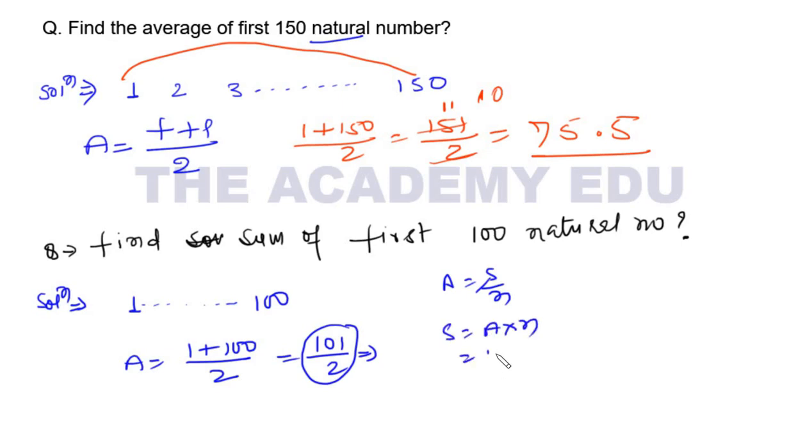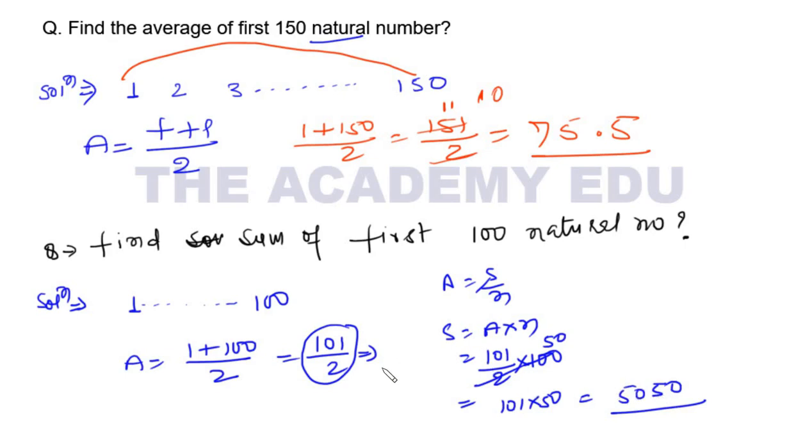What is your average? 101 upon 2. And what is the total number? 100. Divide it, you will get 50 here. Multiply it, 101 into 50. So the answer is 5050.